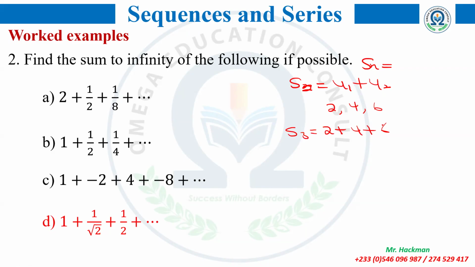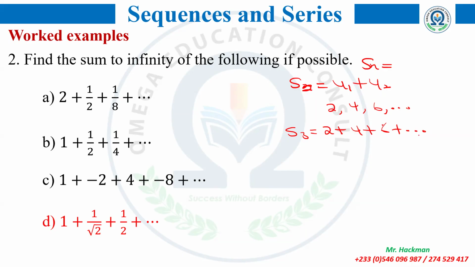Now again, assuming I bring in ellipses here. Originally my sequence was finite. After bringing in the ellipses, it becomes infinite. So if I write plus ellipses here, you can see that I don't know the number of terms.